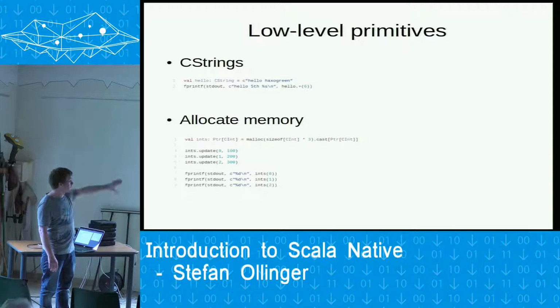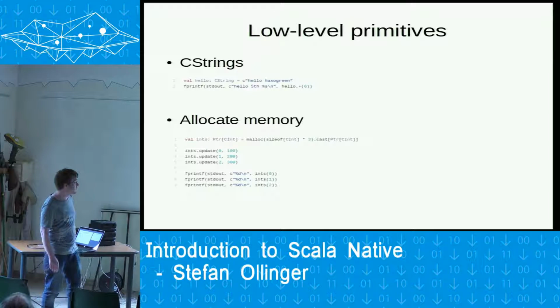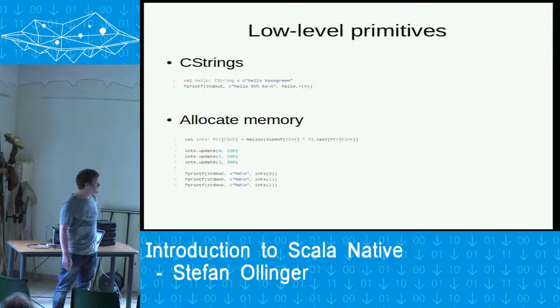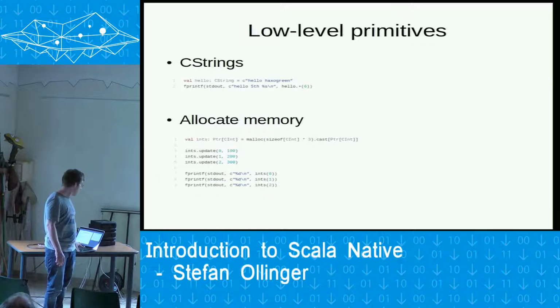Then you can allocate memory using malloc, which returns a pointer. You can also work with offsets from the pointer. This is an array of 3 integers, cint, and you can update all elements of that array on their own.